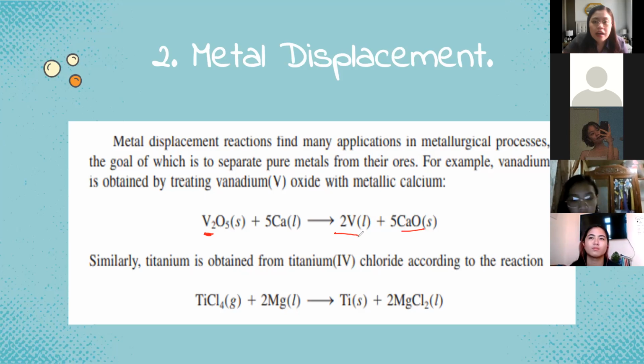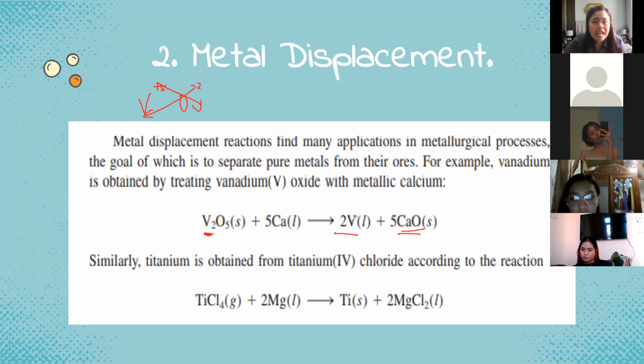By the way, ang oxidation state ni vanadium is +5. Oxygen is -2. That is why nagkaroon ng crisscross dyan. Kaya you have the V2O5. Now, bakit nawala yung 5 and yung 2 na subscript on the product na side? Because vanadium is displaced. It's a single element and it is not included in the diatomic molecule.